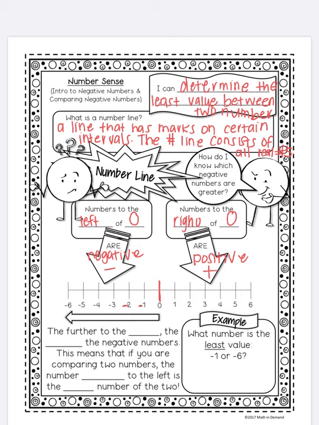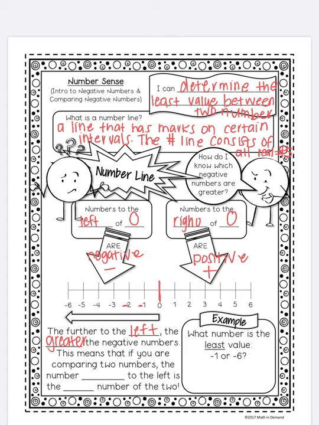So when we're comparing numbers, the further to the left the number is, the lesser it is. That does not mean it has a bigger value.